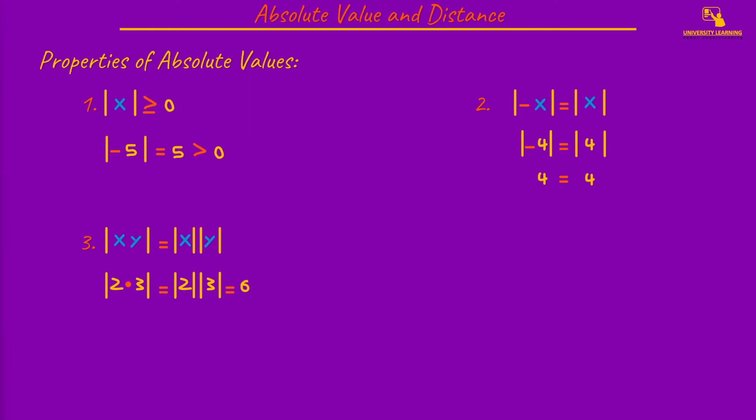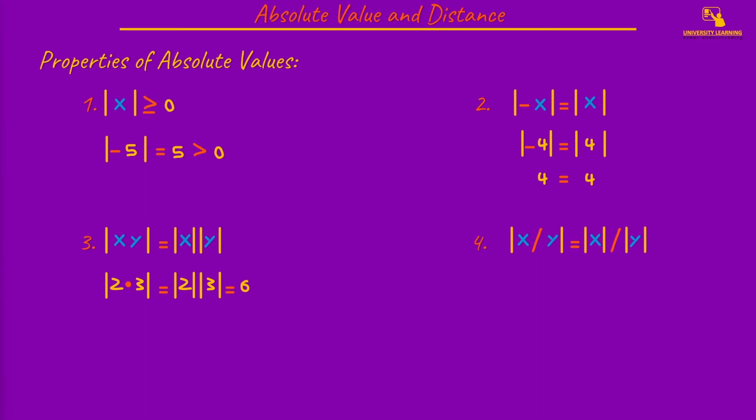Now let's move to the fourth and last property of the absolute value. If you have the absolute value of x divided by y, we know that division is the opposite operation of multiplication. So we can also distribute the absolute value if we have a division. So it will be equal to the absolute value of x divided by the absolute value of y.